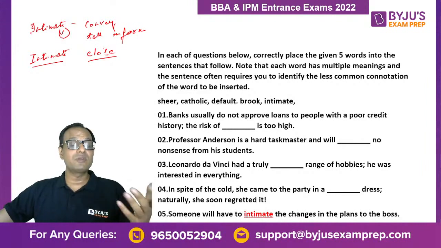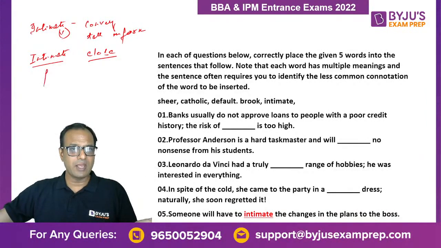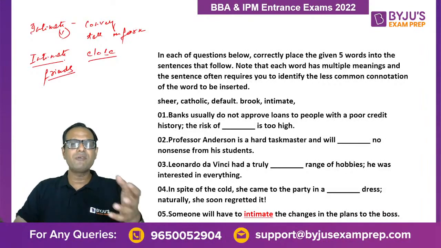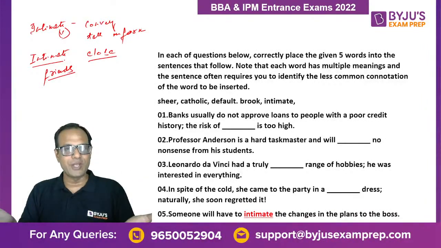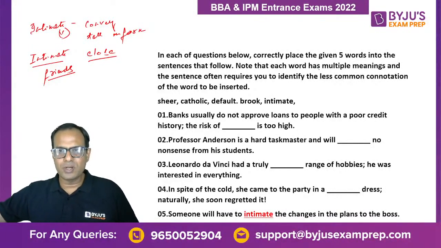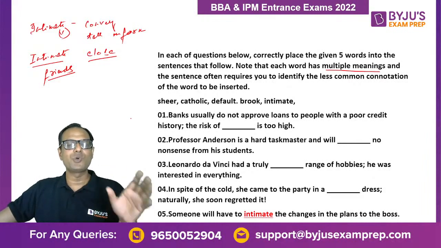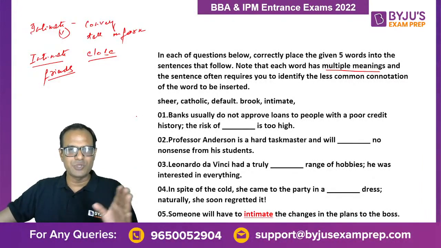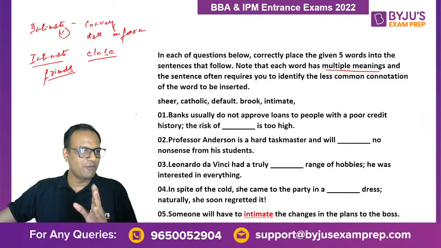They were intimate friends, like intimate friends, right? Having a very good bonding, that is also intimate. So we have seen how one word can have multiple meanings, so the usage will also differ from situation to situation. I hope you have liked it.